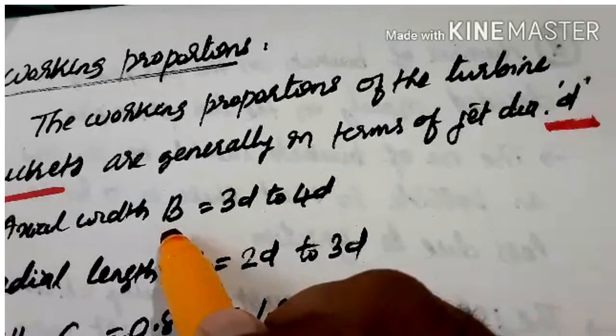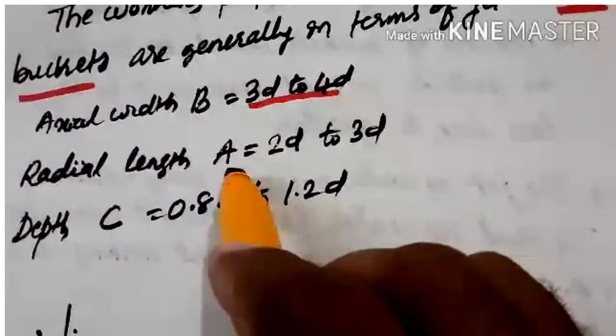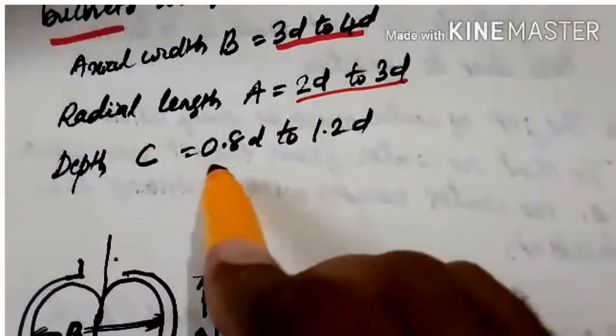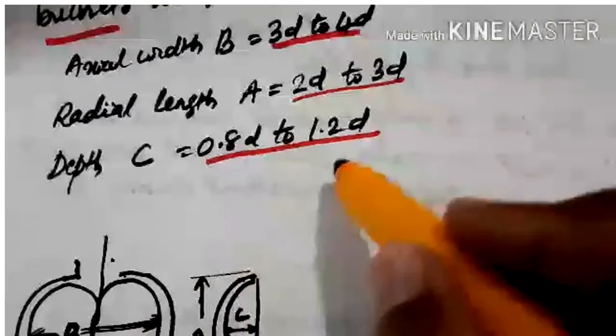The axial width B is generally taken as 3 times the diameter of the jet to 4 times the diameter of the jet, for smooth operation. Then the radial length A is 2D to 3D. The depth of the bucket is to be taken as 0.8 times D to 1.2 times D. All are expressed in terms of the diameter of the jet.